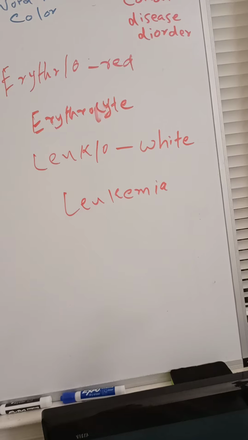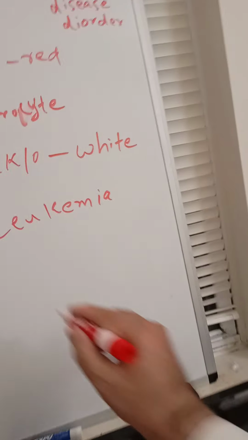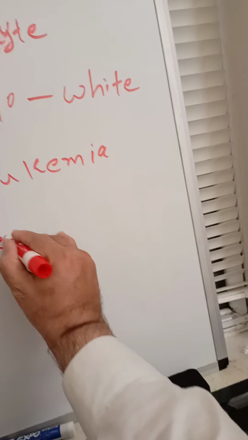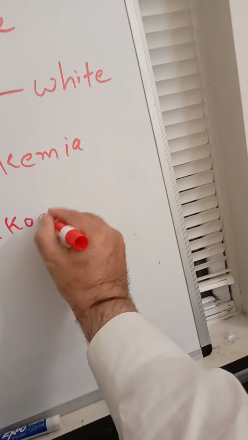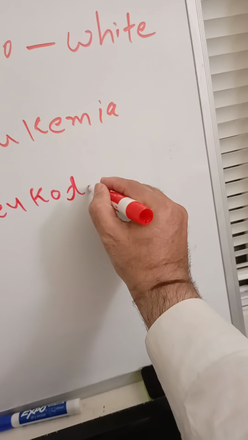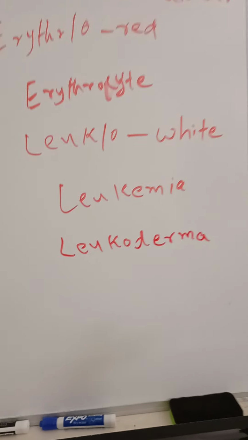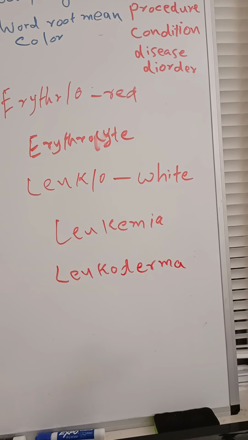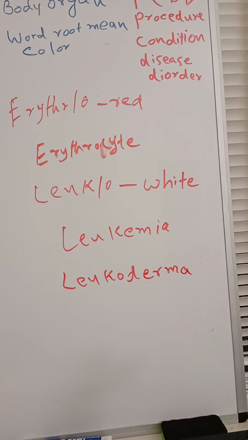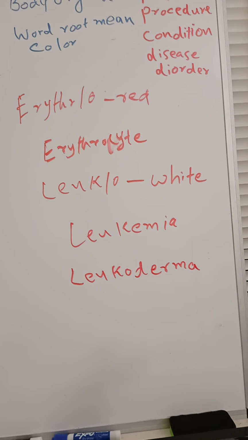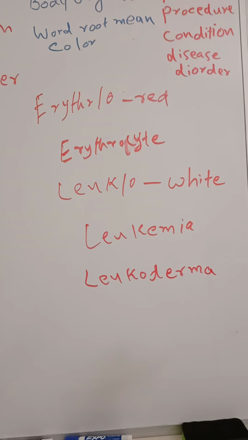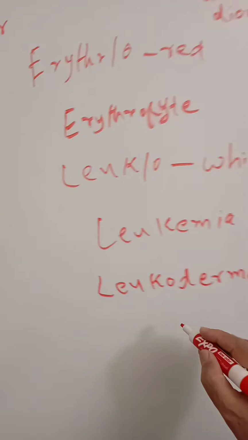There is another disease called leukoderma. Leukoderma means white skin. Leuk means white, derma means skin. The other name for leukoderma is vitiligo.